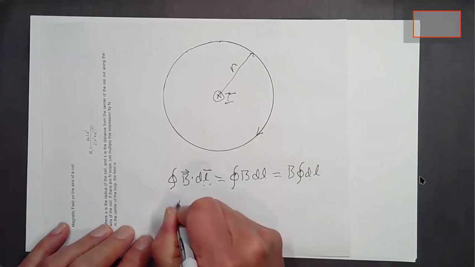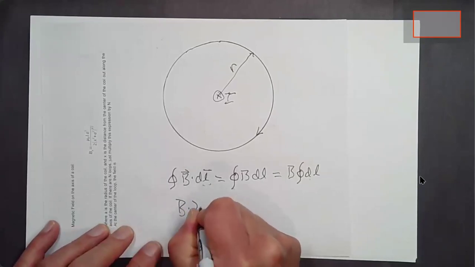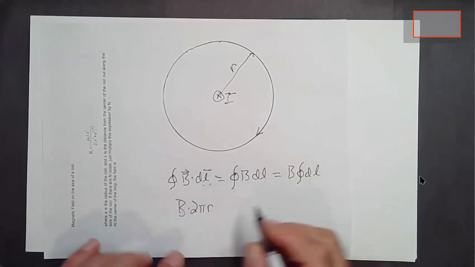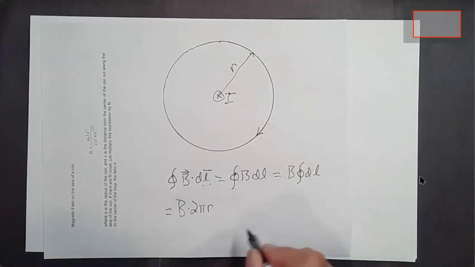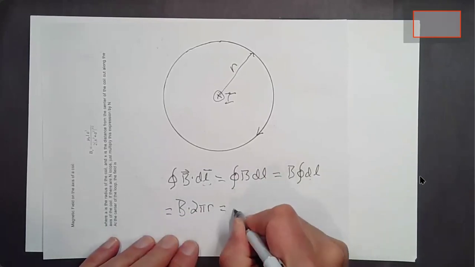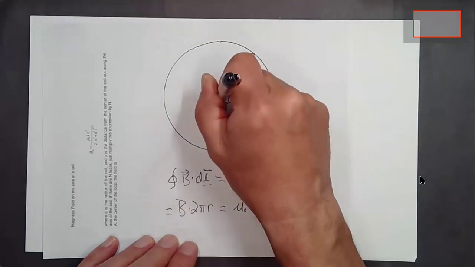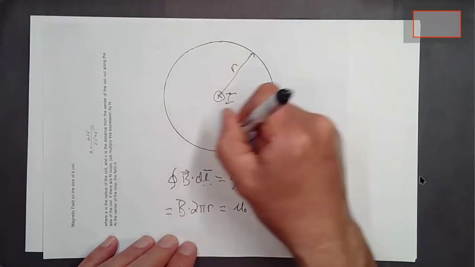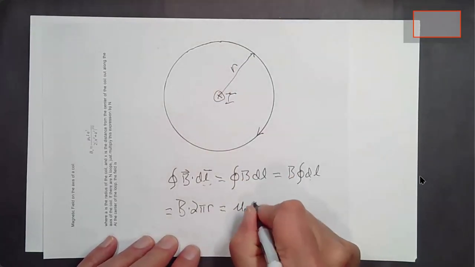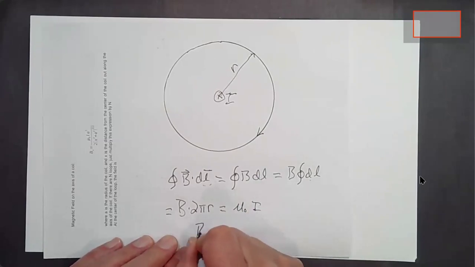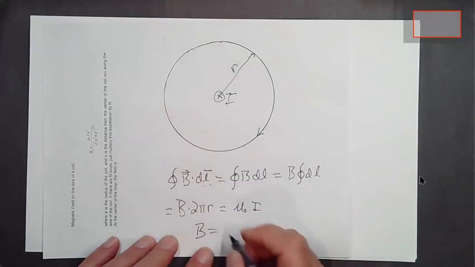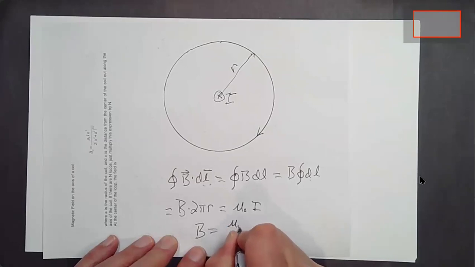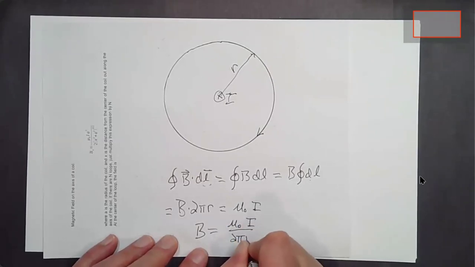So I'll get B times 2 pi r. So there's my integral, and that'll equal mu naught times the current that's enclosed by the circle, which is just I. So that reminds me that the magnetic field of a long straight wire is mu naught I over 2 pi r.